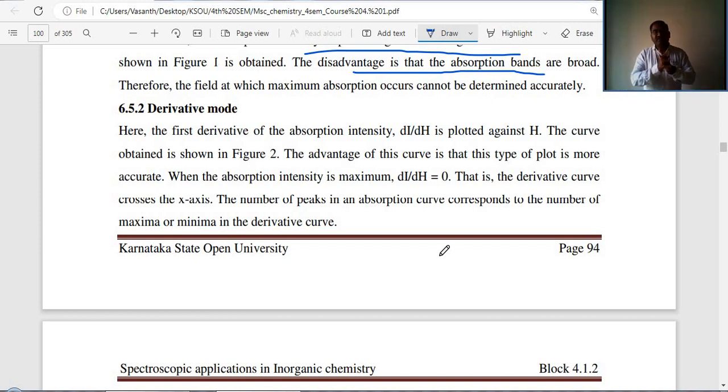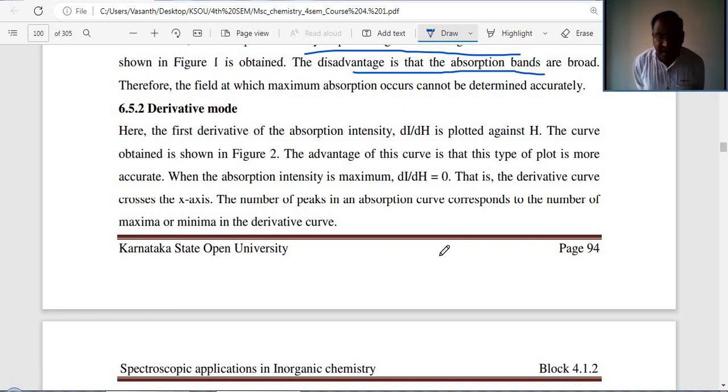In the derivative mode, the first derivative of the absorption intensity, dI by dH, is plotted against the magnetic field. The curve is obtained.